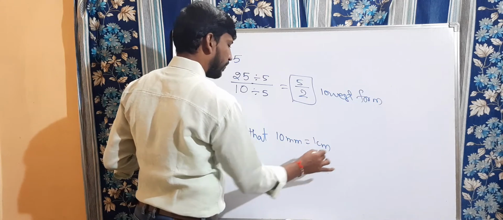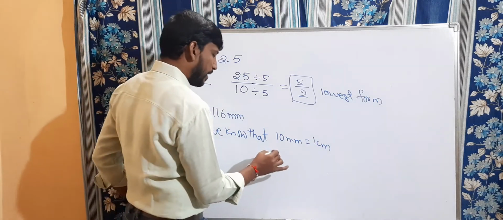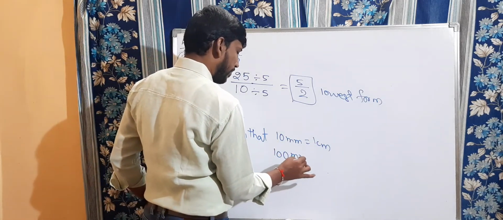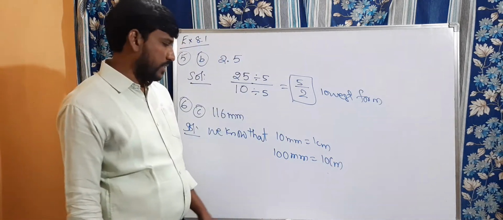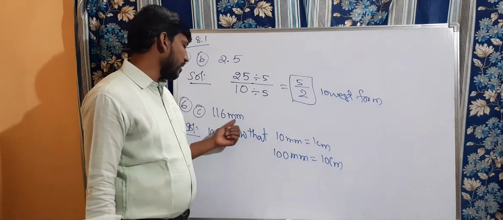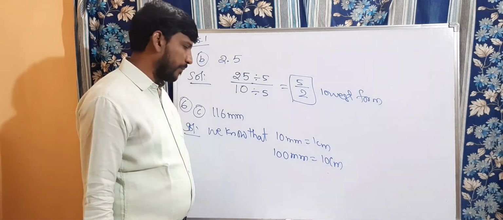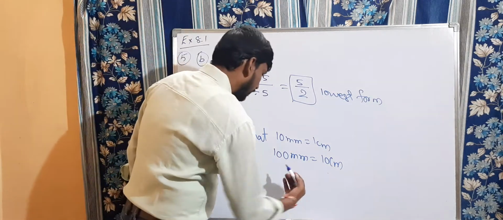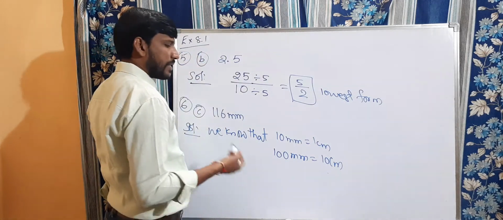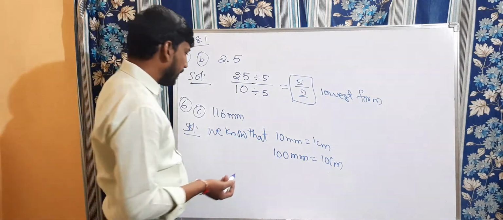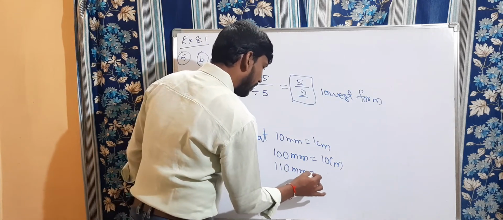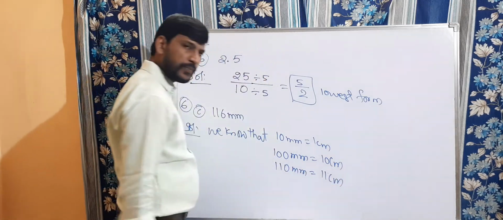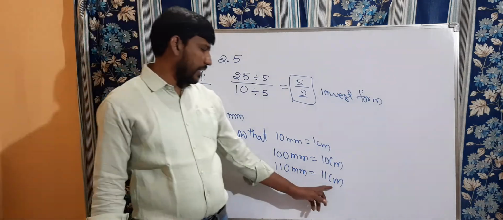Then 100 millimeters equals 10 centimeters, by multiplying by 10 on both sides. I still want 16 millimeters. Next, what is 110 millimeters? 110 millimeters equals 11 centimeters only.